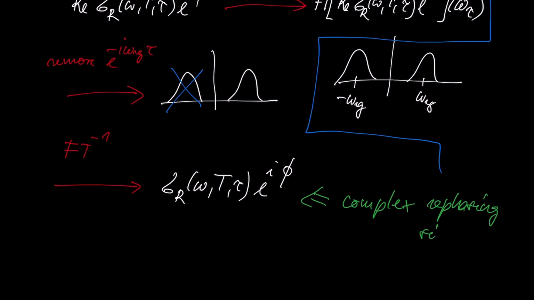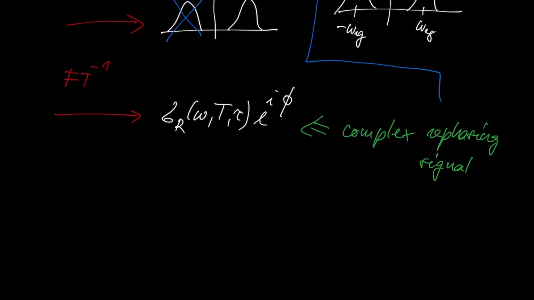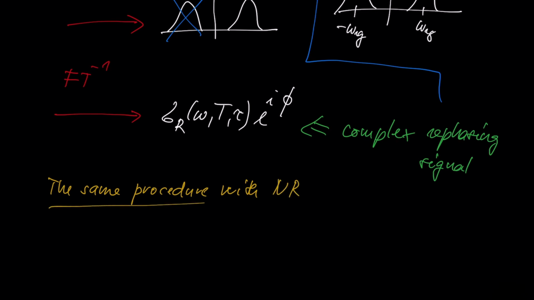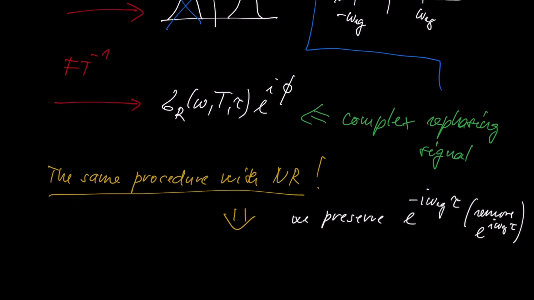Now we have to do exactly the same procedure with the non-rephasing signal, and then using that we finally combine everything into the two-dimensional spectrum.